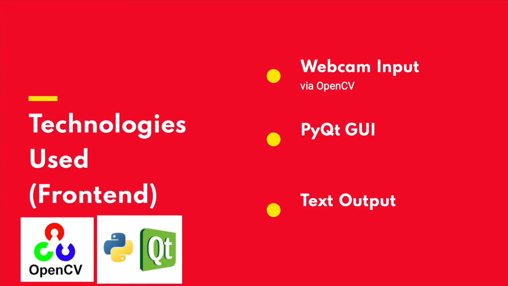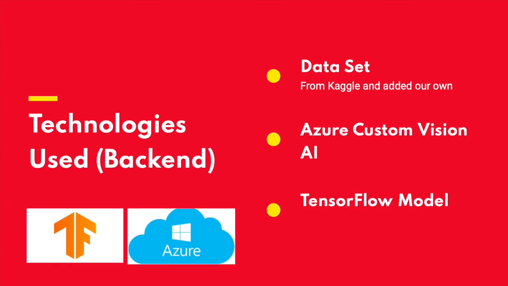To know more about our TensorFlow and how we trained our machine learning model, I'll pass it off to Syed, who will talk about all the technologies we use in the backend. So for backend, we made great use of the Microsoft Azure Custom Vision AI model. We basically got our data set from Kaggle and fed the model with certain English letters that are equivalent to their ASL letters.